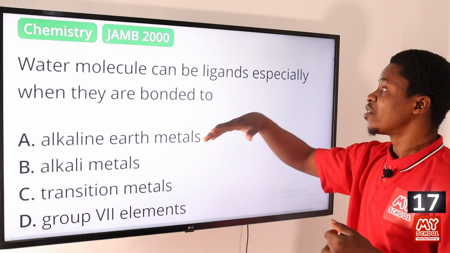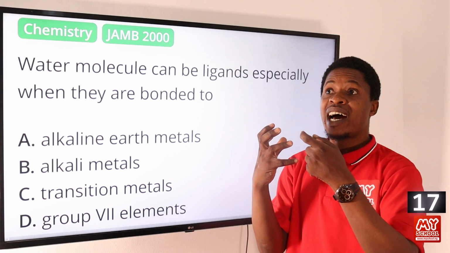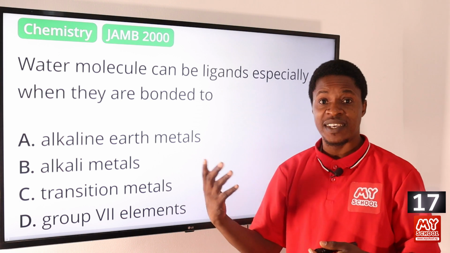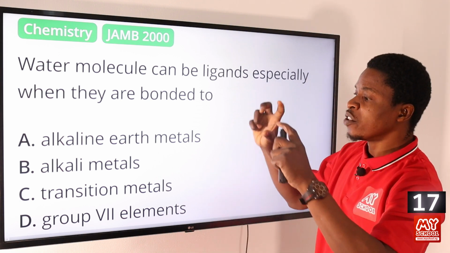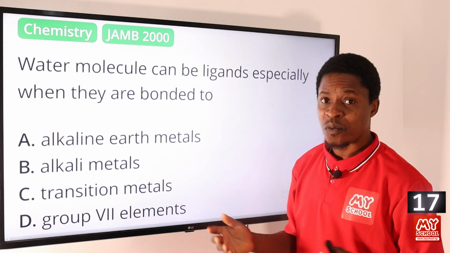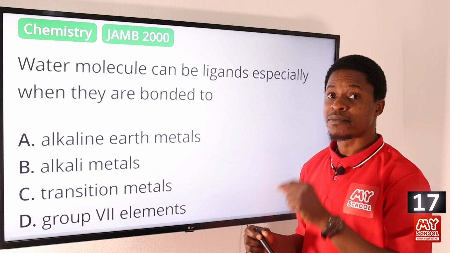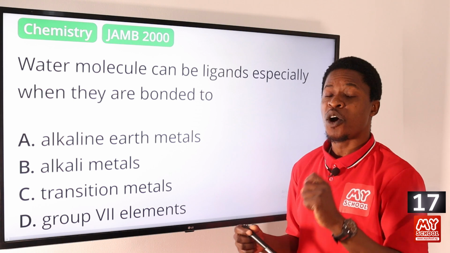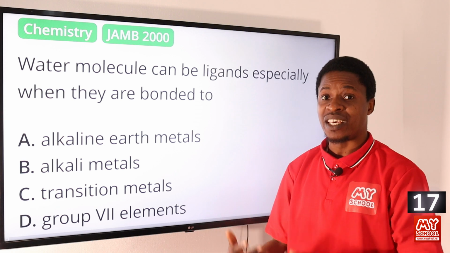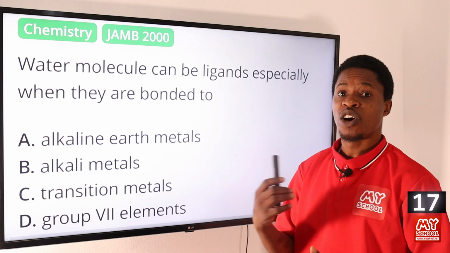So if water molecules form ligands, bonded to central metal atoms, we refer to them as aqua, A-Q-U-A. So they bond with transition metals. It could be copper, it could be iron. We have them bonded to those central metals. So the type of metals that has the characteristic of forming complex ions with ligands is what we refer to as transition metals, because they have partially filled 3d orbital shells.